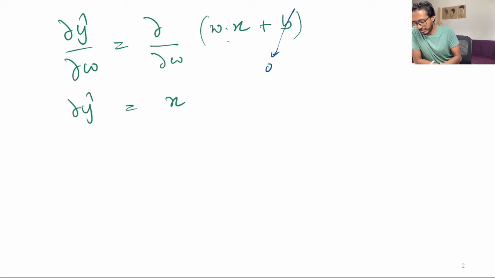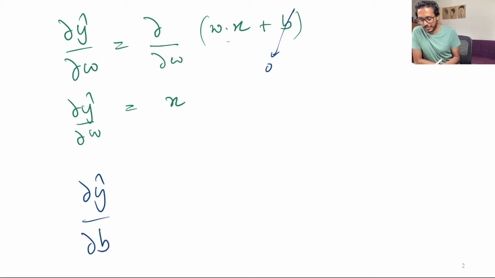So delta y hat over delta W is equal to x. And similarly, delta y hat over delta b, in this case the first component goes to 0 and delta b over delta b is equal to 1. So this is going to be our solution for these two parts.